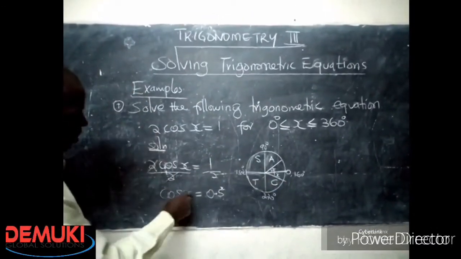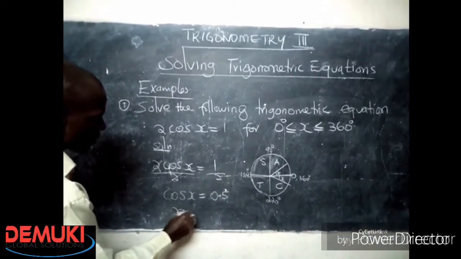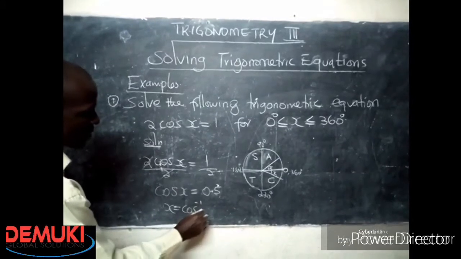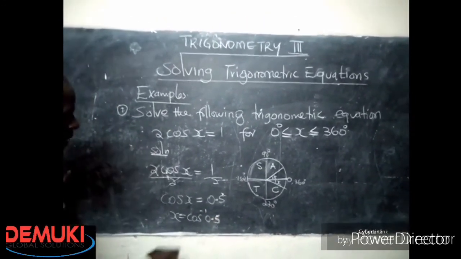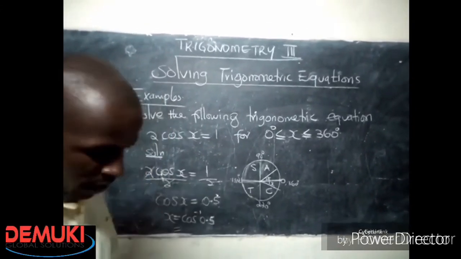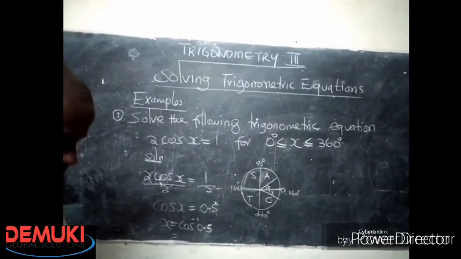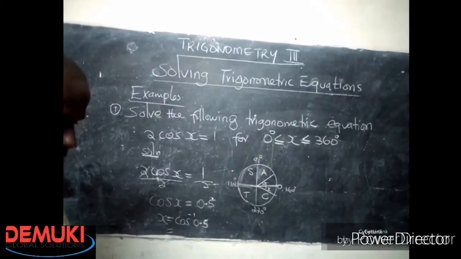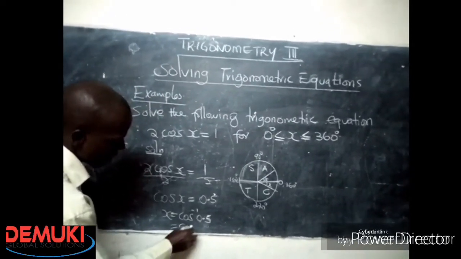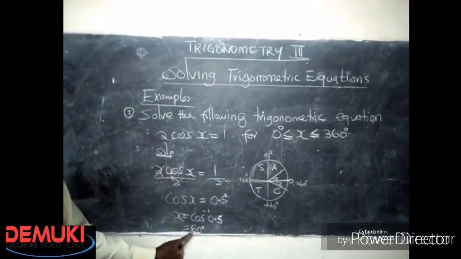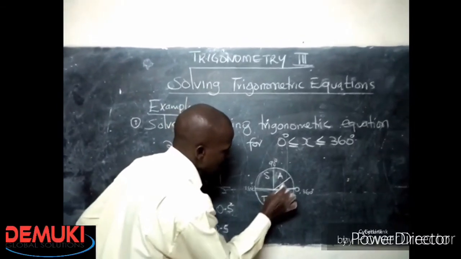From the calculator, x shall be equal to cos inverse of 0.5. Second shift, cos 0.5. This is 60 degrees. So that now being my 60 degrees, this angle, I will place it here, 60 degrees.